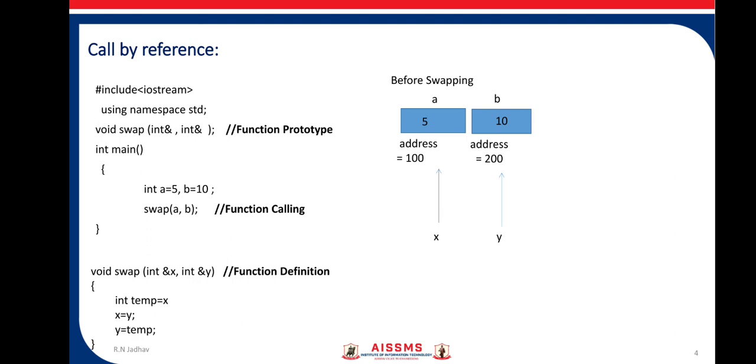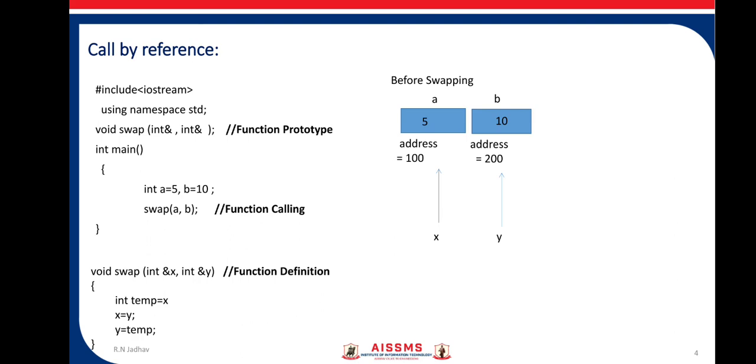Whatever operation we do in the swapping function will be done on the same memory locations referred to by a and b. In this function definition we are just swapping these two values by taking one temporary variable. We do it by the names x and y, but they are alternate names to the same memory locations which have the names a and b.